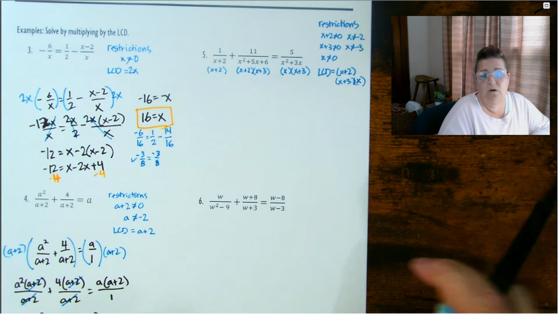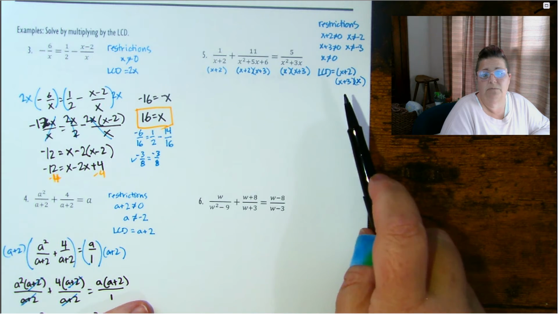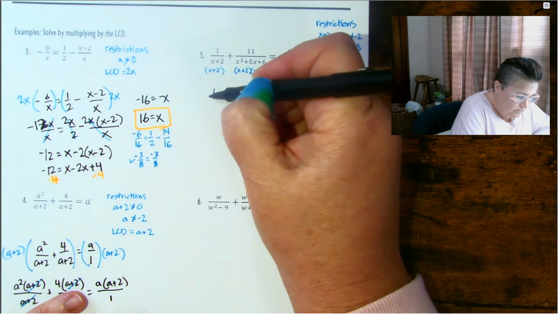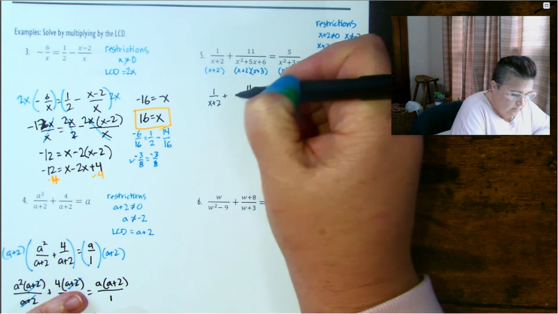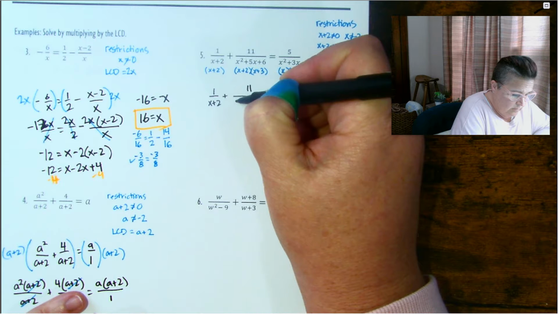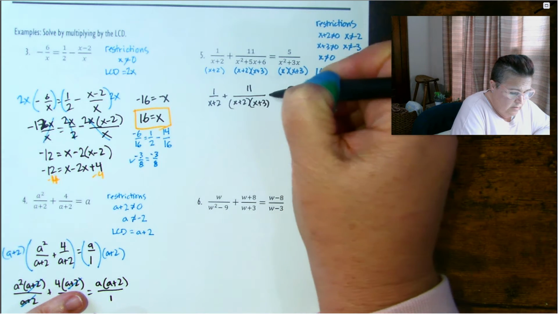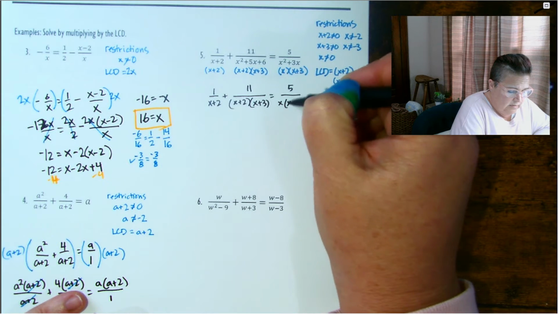So I need to multiply each one of these terms by the x plus 2, x plus 3, x. Okay. X plus 2, x plus 3 equals 5 over x plus 3.